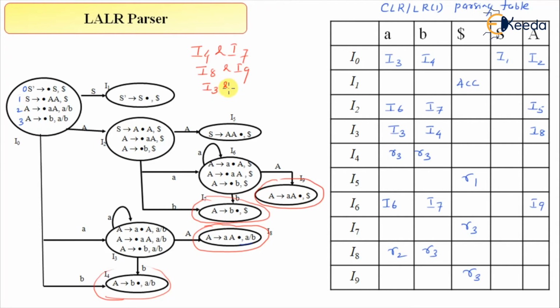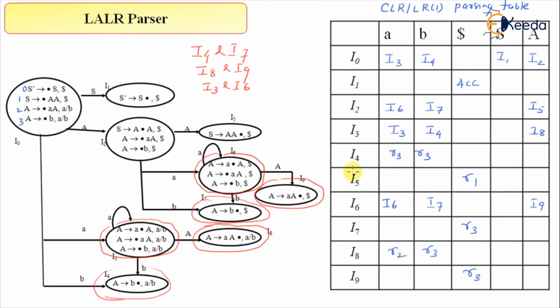I3 and I6 also have similar behavior, looping on a and going into I8 and I9. Everything is the same except the follow symbols.